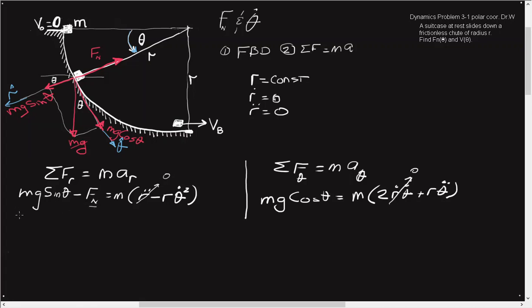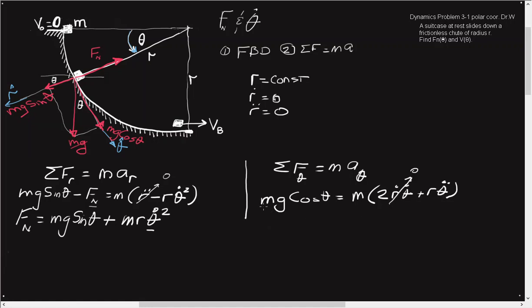So if we rearrange that, we would get Fn is mg sine theta plus m r theta dot squared, which that's a variable.